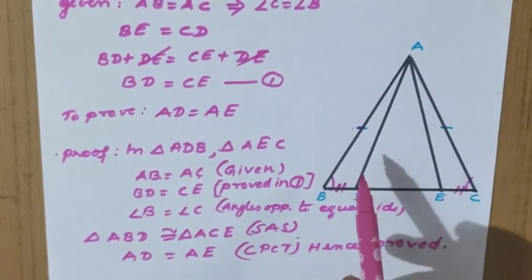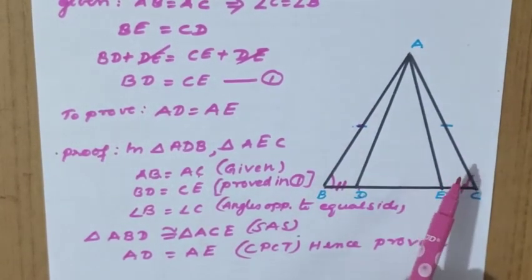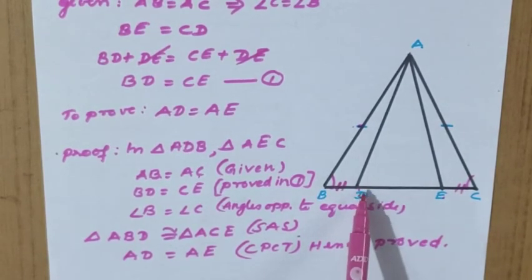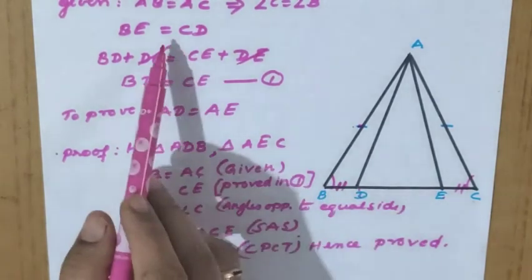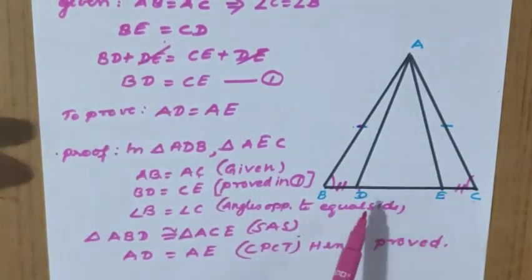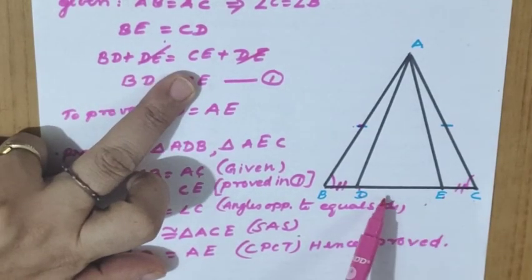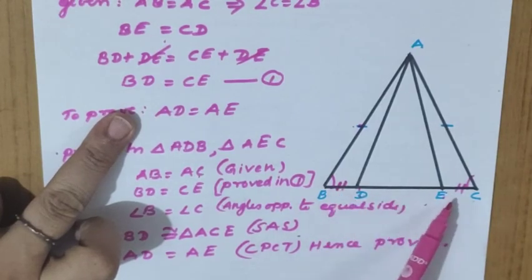So an isosceles triangle is given, AB equal to AC given. What criteria should we use by AB equal to AC? Base angles are also equal. Now for additional criteria it is given that BE equal to CD. So BE from the figure is BD plus DE, CD means CE plus DE. So DE will get cancelled. We got these two sides equal.